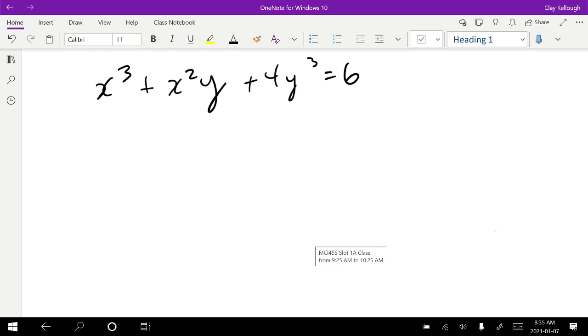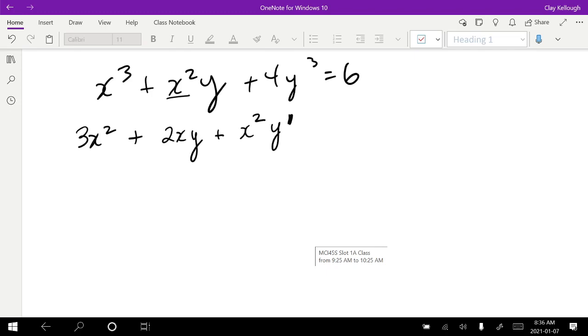So to differentiate this thing, first I'm going to get, of course, 3x squared. Then for this guy, I'm going to have to use the product rule. The product rule says it's the derivative of the first factor times the second plus the first factor times the derivative of the second factor, and the derivative of the second factor is y prime, plus 4 times, and the derivative of y cubed is y squared times y prime.